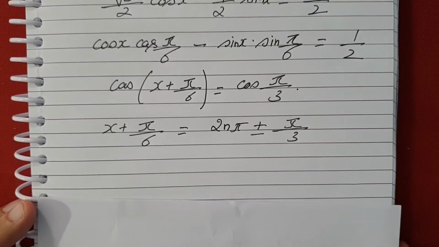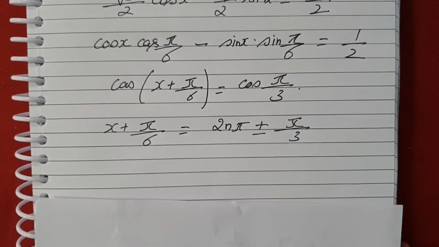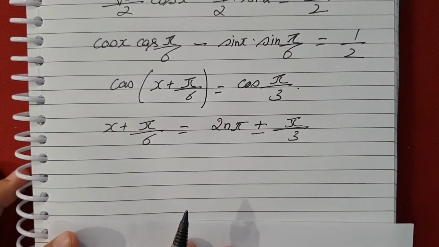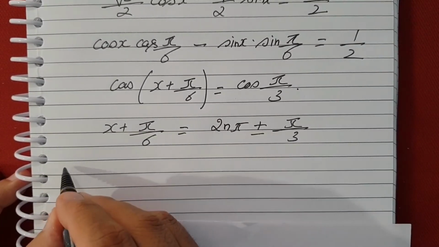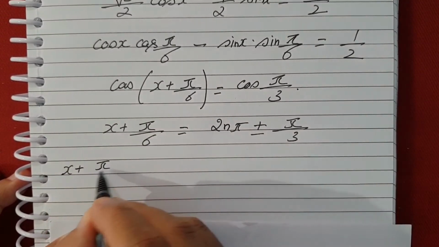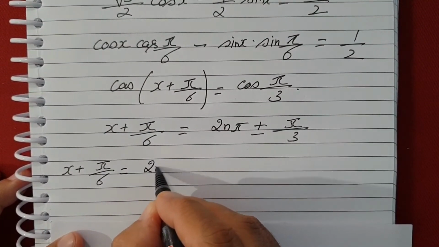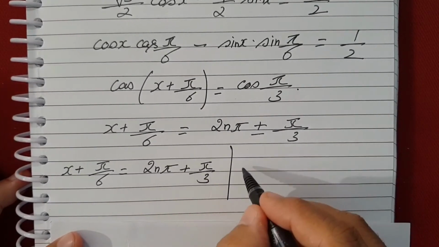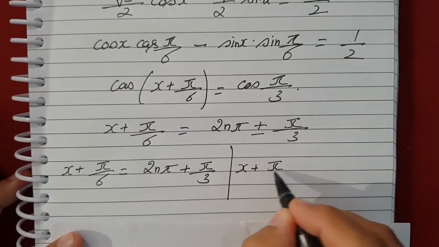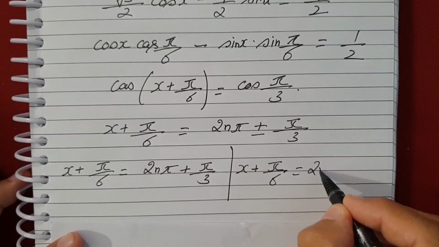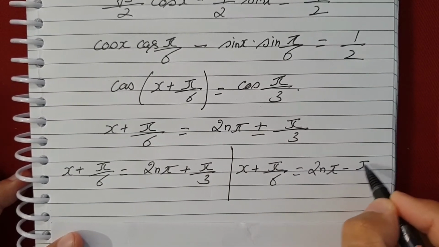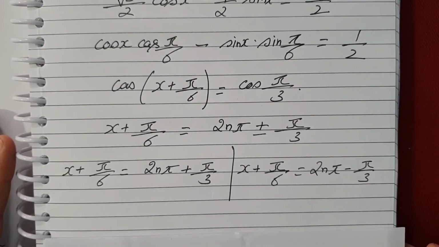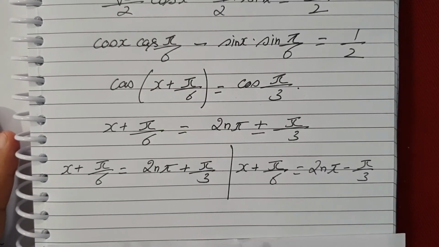Because we have pi by 6, we can write this separately: x plus pi by 6 equals 2n pi plus pi by 3, and the next part is x plus pi by 6 equals 2n pi minus pi by 3. Now solving this.